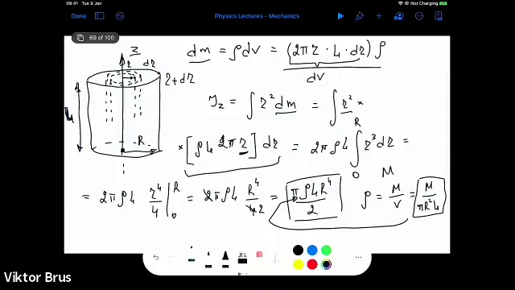So this is the main concept, and you also learned how to calculate the moment of inertia for a system of point bodies, and also for distributed bodies, specifically in the case of one-dimensional distribution and three-dimensional distribution.